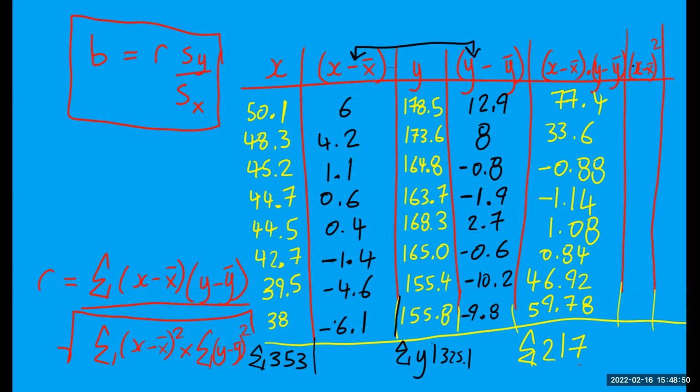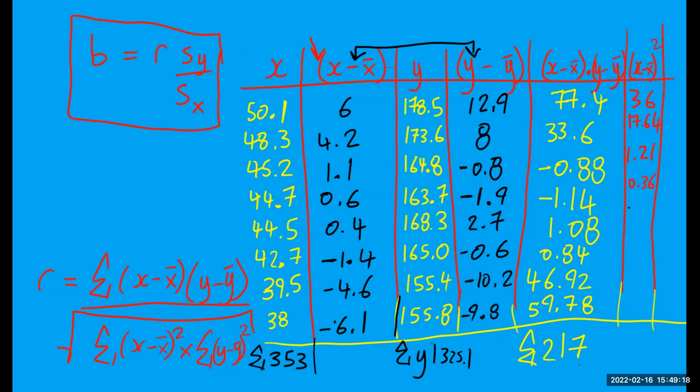Now, the x minus bar x squared, you're just going to be squaring this one. So that's 36. Then 4.2 squared is 17.64. Then 1.1 squared is 1.21. 0.6 squared is 0.36.